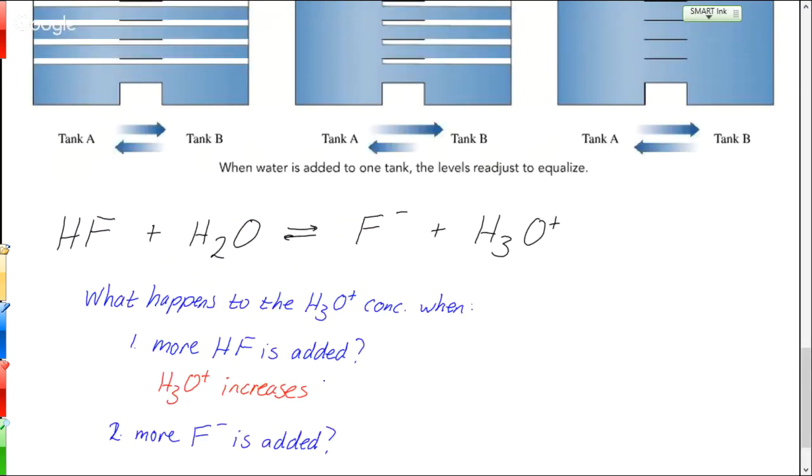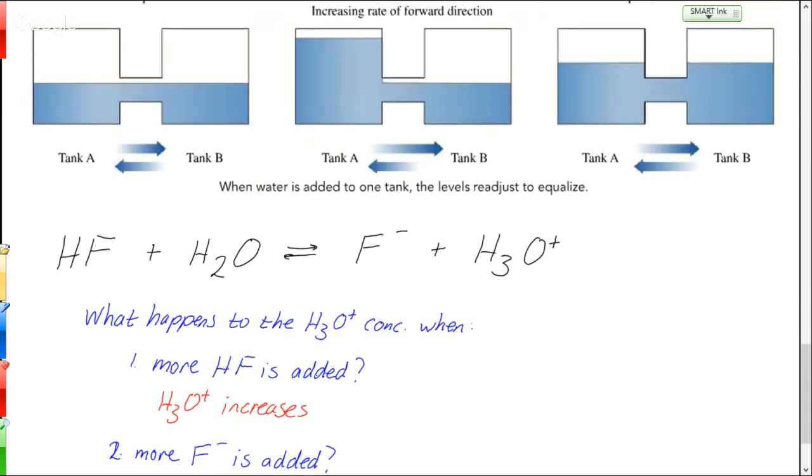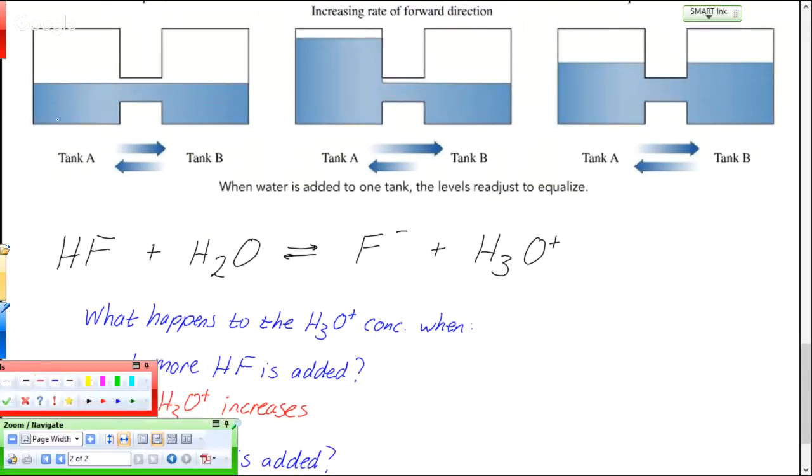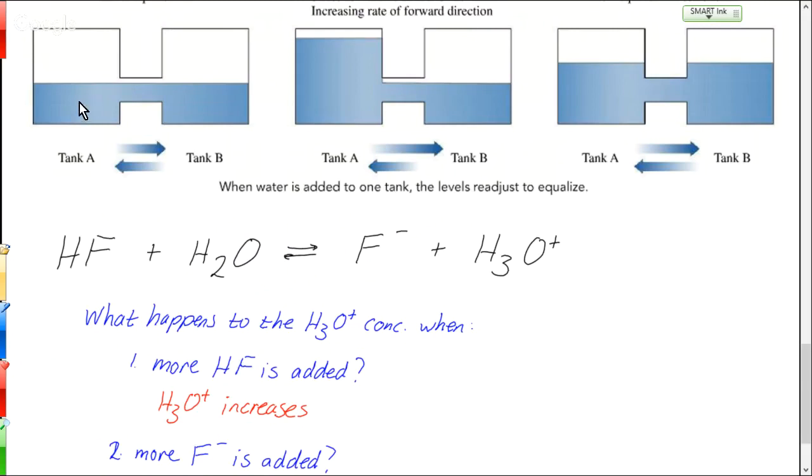So again, think of the example up here. Which side of the tank, if we're starting here, are you filling up if you're putting in more fluoride? Tank B, right? Because fluoride is over on the right here.